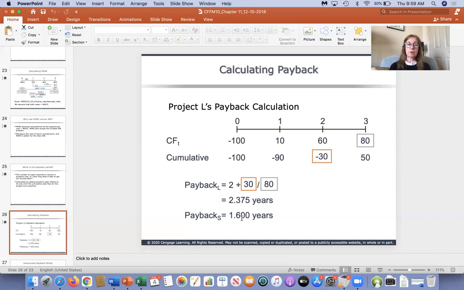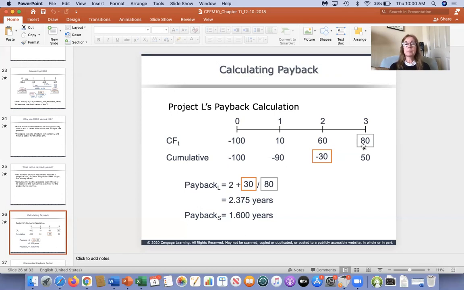The cash flow for this project was $10 in year 4 and $10 in year 5. Well, if you knew that information, you would have a completely different conclusion. Then Project L would obviously be the better one because you're getting higher cash flows. But because those occur after the payback, you don't even consider them.